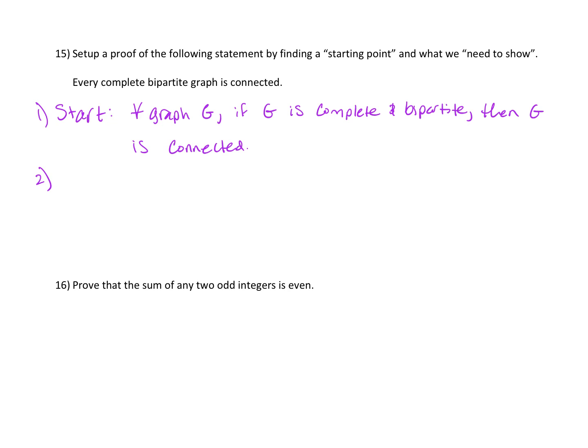Step 2 is to suppose that the if part is true. So we're going to suppose G is a particular but arbitrarily chosen complete bipartite graph.